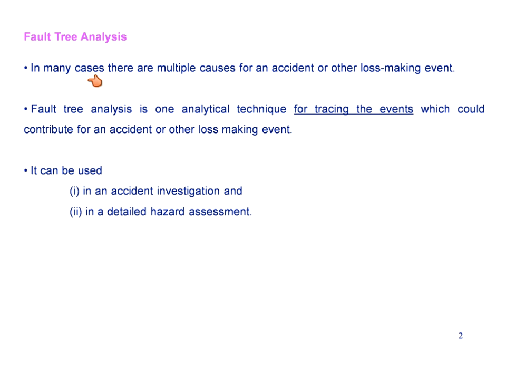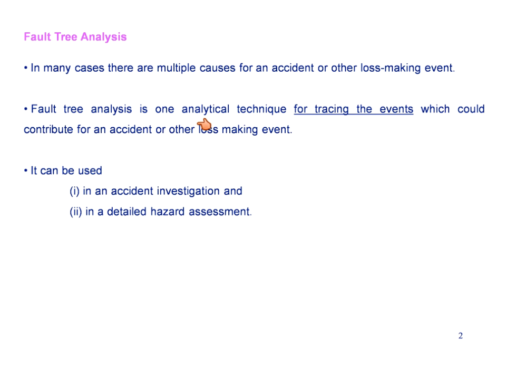With an introduction, in many cases, there are multiple causes for an accident or other loss-making event. An accident, of course, results in loss to the company, and so many other incidents or events could result in loss to the company.